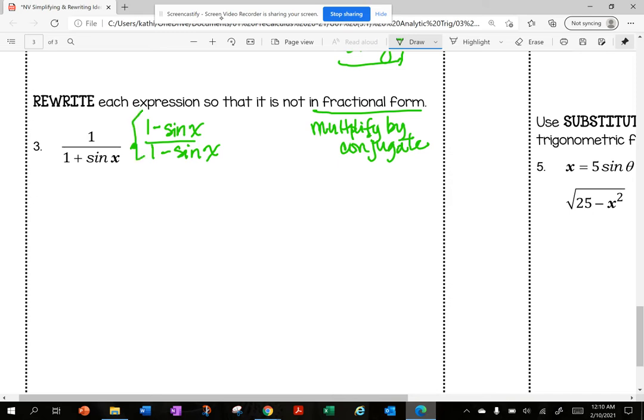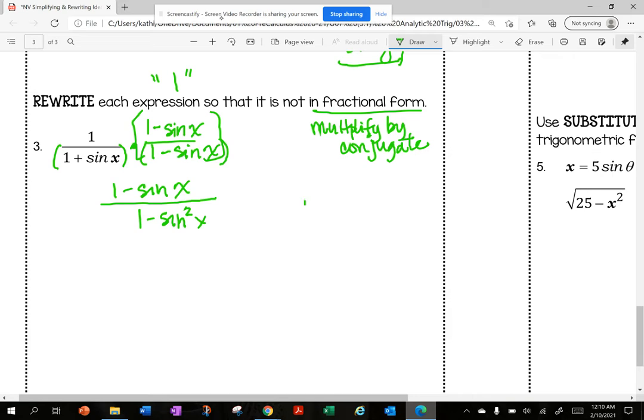Okay, so I am multiplying times 1. Anytime I multiply times 1, I don't change my equation. So in my numerator now, I have 1 minus the sine of x. And in the denominator, this becomes the difference of perfect squares, right? So instead of multiplying it out and seeing the 2 middle terms cancel, I'm going to rewrite it as 1 minus sine squared of x.